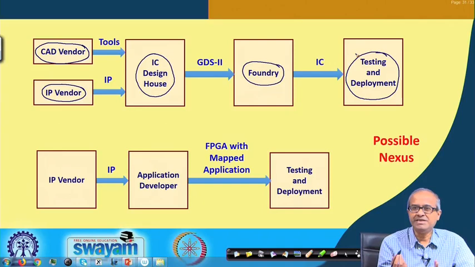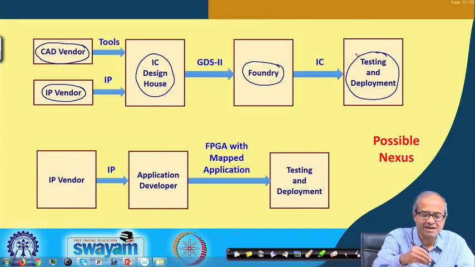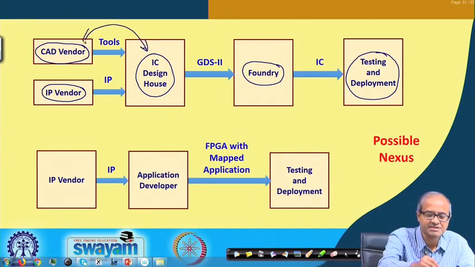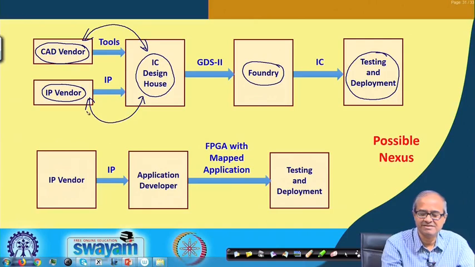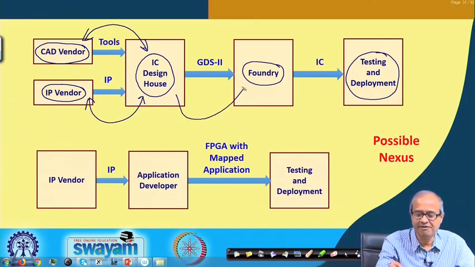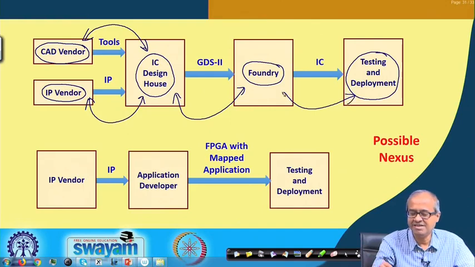Now, you imagine there can be a nexus between any set of people involved here, like the CAD vendor and the IC design house may have a nexus. The IP vendor and design house may have a nexus. The design house and foundry may have a nexus, the foundry and this testing site may have a nexus.